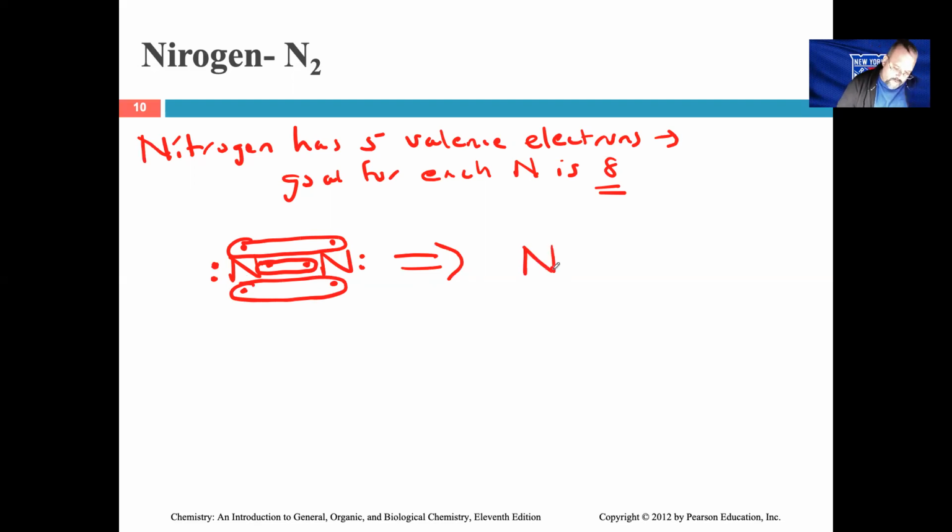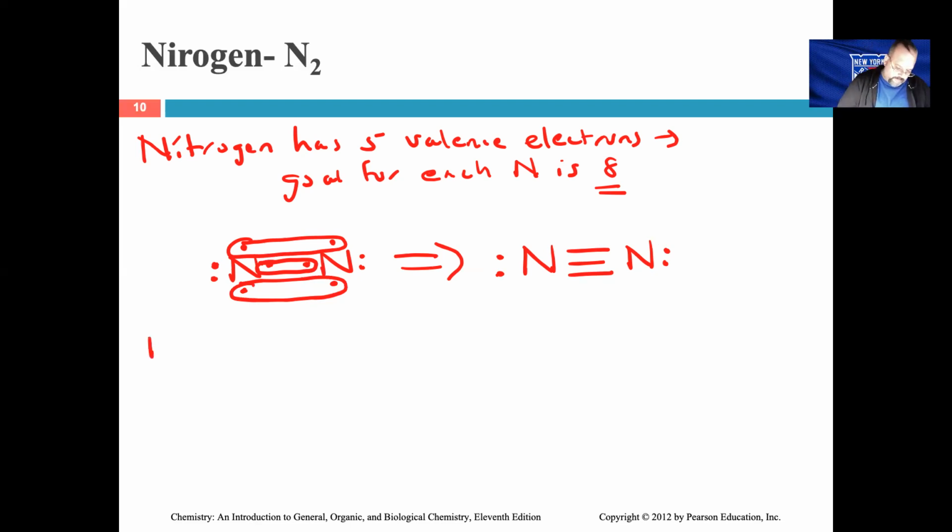So if they share 6 electrons total, what you get between them is a triple bond. And again, each nitrogen carries over a lone pair with it. When everything is put together, each nitrogen is happy: the nitrogen on the left has 2, 4, 6, 8 valence electrons, and the nitrogen on the right has 2, 4, 6, 8 valence electrons.